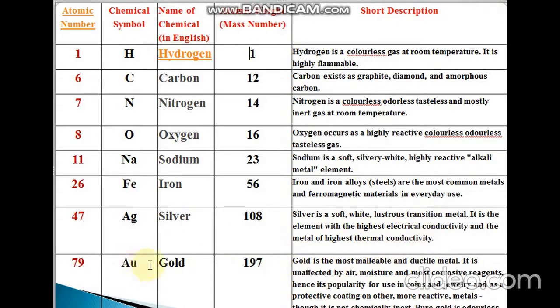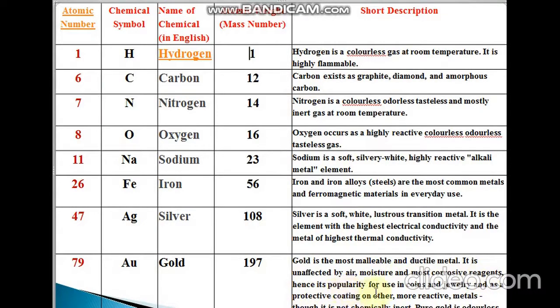Next is gold. Chemical symbol is Au. Gold is the most malleable and ductile metal. It is unaffected by air, moisture, and most corrosive reagents.